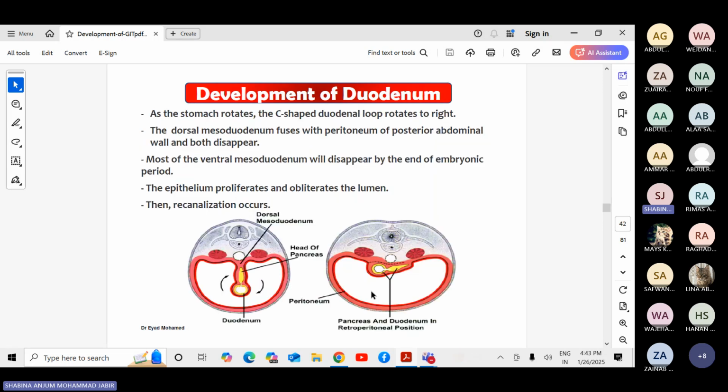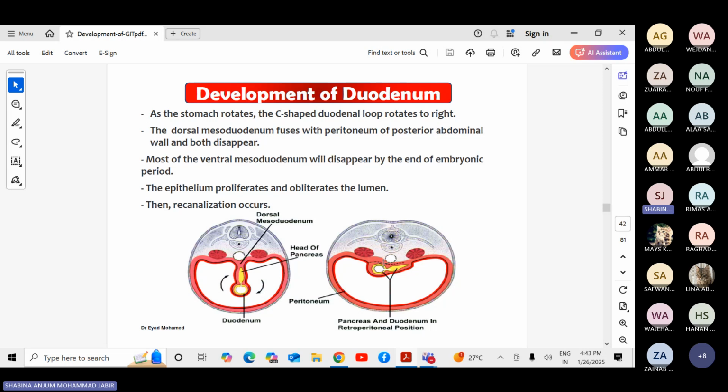As soon as the stomach rotates, obviously the duodenum also rotates to the right side, and its dorsal mesoduodenum, this one, will fuse to the posterior abdominal wall and disappear. Okay, and some part of the ventral mesoduodenum also will disappear. Okay, so here you can see this is the dorsal mesoduodenum, which has fused like this.